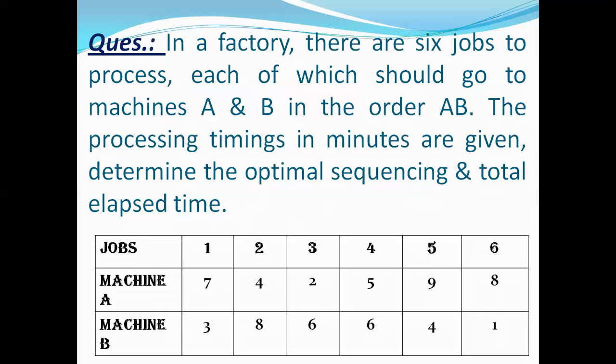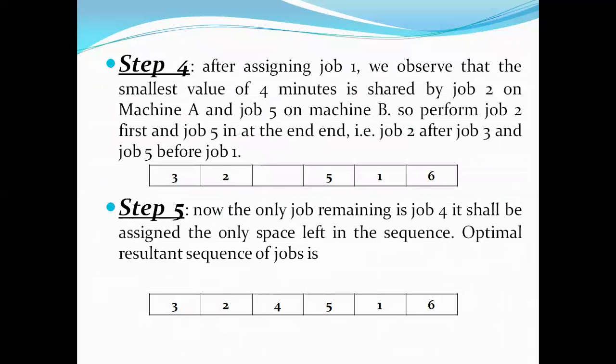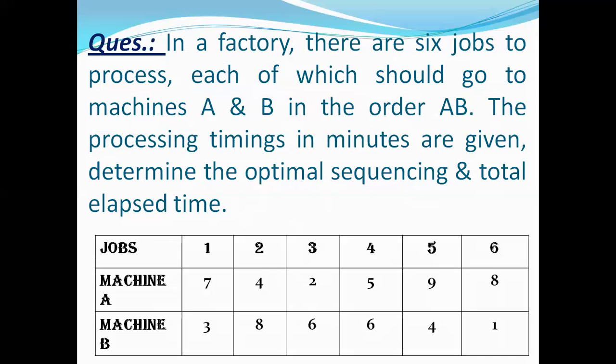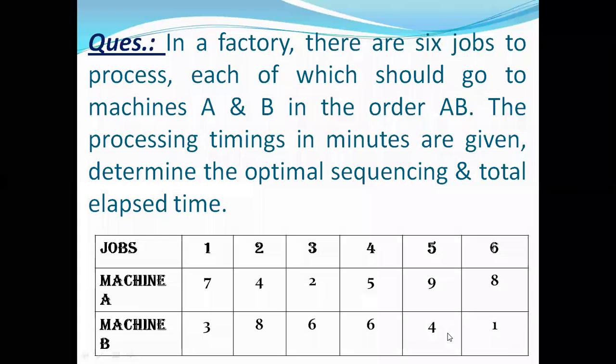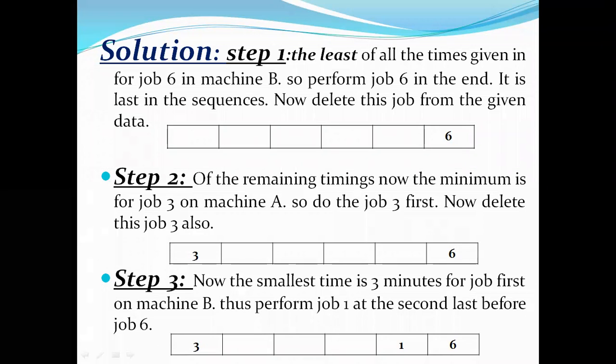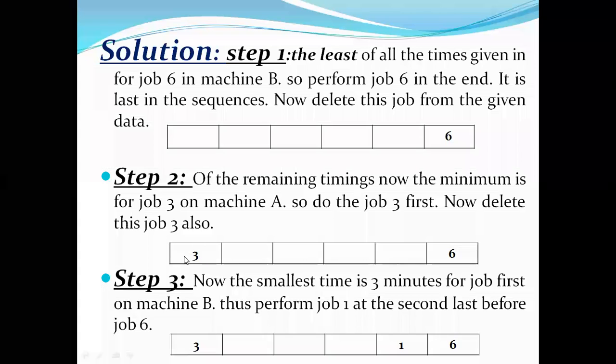One of the problems we solved was the factory problem, where the least time among the 6 different processes, based on both machine A and machine B, was identified. If the least time belongs to machine B, it is placed on the right-hand side of the sequence. If it belongs to machine A, it is placed from the initial stage onwards.